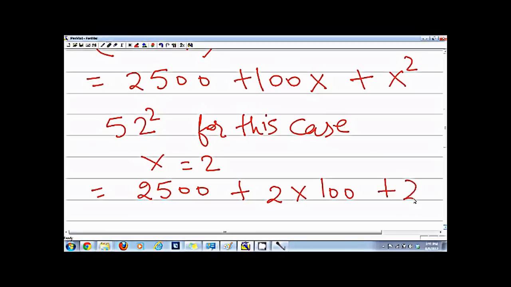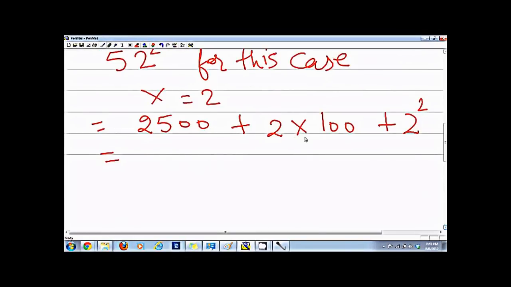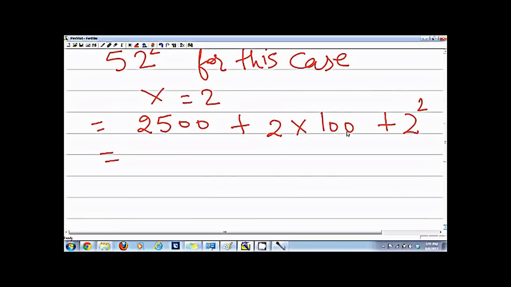You can see because 2 is at the 100th place, this 2 will be added to 5, and then this 2 square is at first place, so it will come up on the last digit. So we will have 2704.